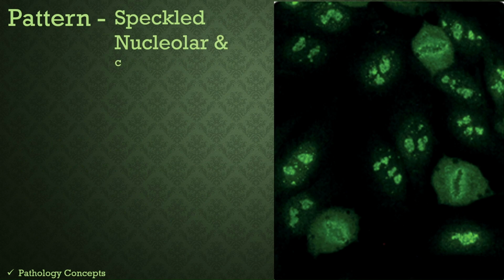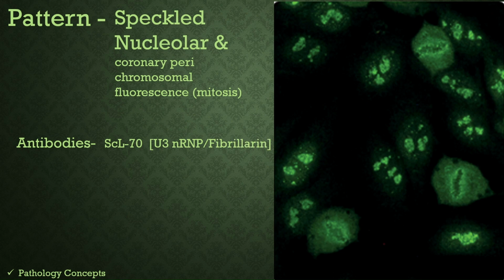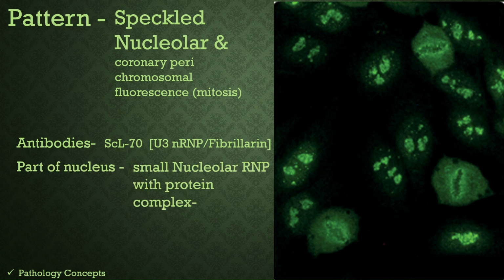The next pattern is a speckled nucleolar and coronary perichromosomal fluorescence in the mitotic cells. Antibodies are SCL70, specifically U3-RNP and fibrillarin. Part of the nucleus involved is a small nucleolar RNP with protein complex. Associated disease is systemic sclerosis.